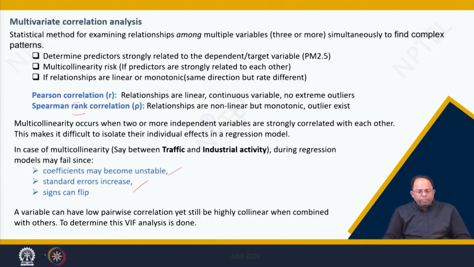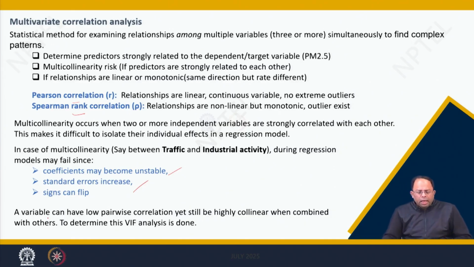A variable can have low pairwise correlation yet still be highly collinear when combined with others. After we do the correlation analysis, we are more or less able to discard the variables that are related with each other. But sometimes there is low pairwise correlation, not apparent from the basic statistics like Pearson, and yet when combined with many things it becomes collinear, because of overlapping effects or causality.